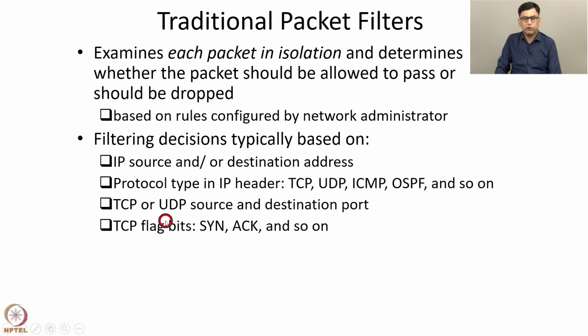So hence the TCP flag bits such as SYN, ACK, and so on are also useful for taking filtering decisions by traditional packet filters. And the ICMP message type, for example, is it a ping packet or a redirect packet and so on. So this can also help us to take filtering decisions.